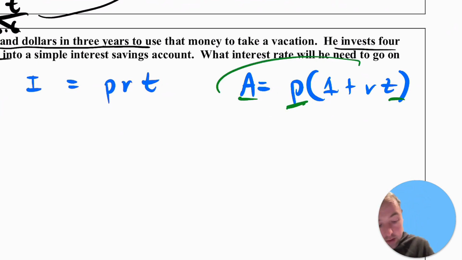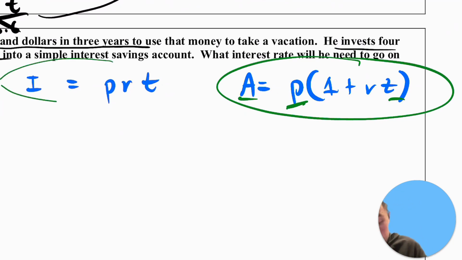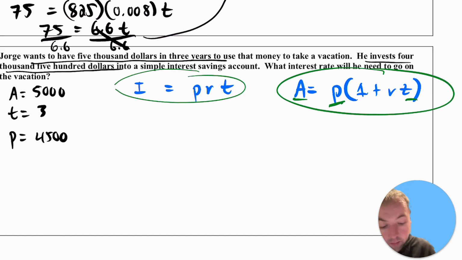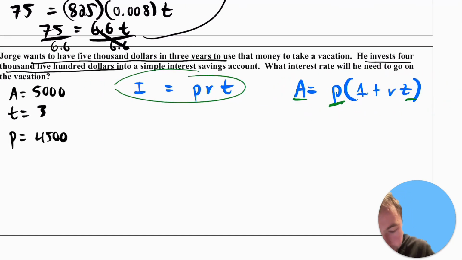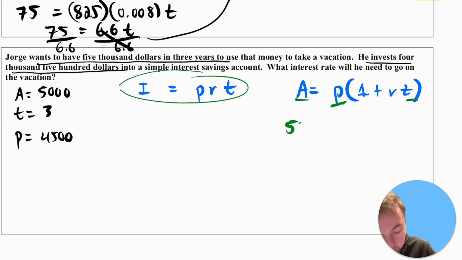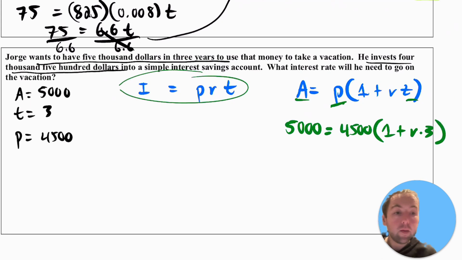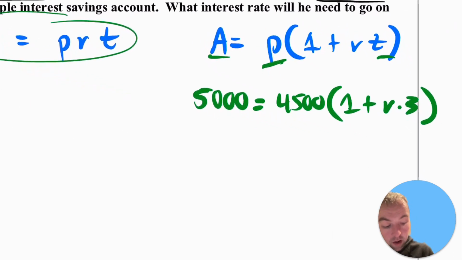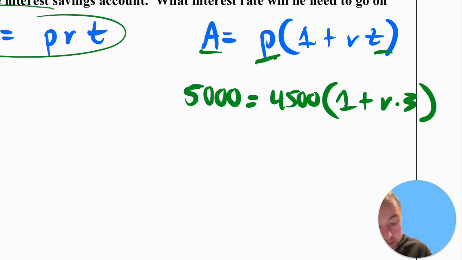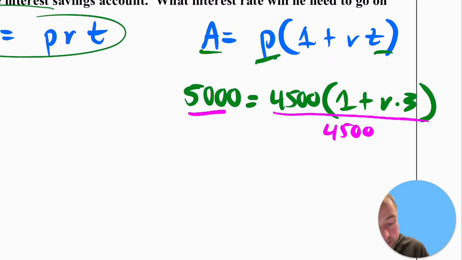I'm going to use this identity first, and then I'll show you how we could also use the other identity in a little bit. If we plug in the amount he wants of $5,000 and the principal of $4,500 times (1 plus R times 3), then we can solve this and find R. First we want to undo the multiplication by 4,500, so we divide both sides by 4,500.